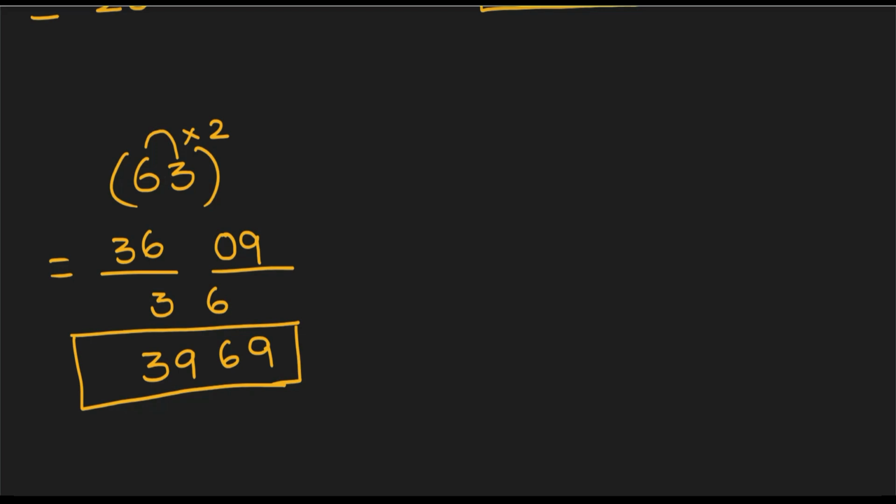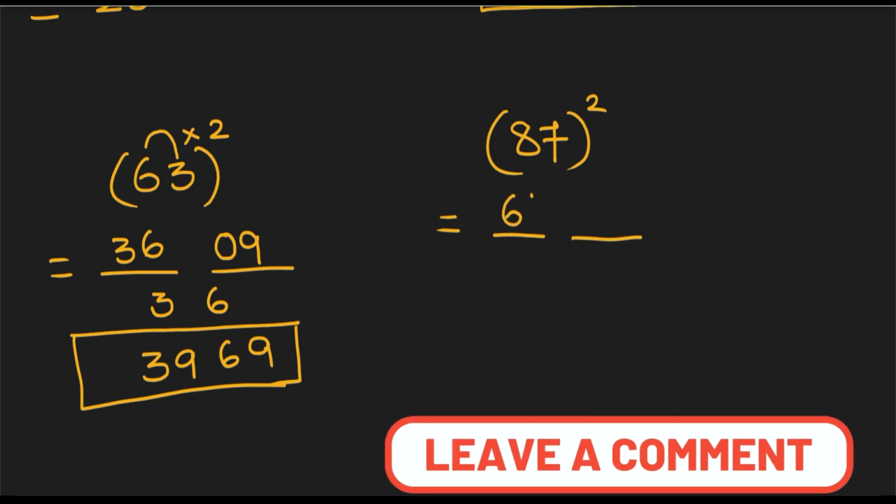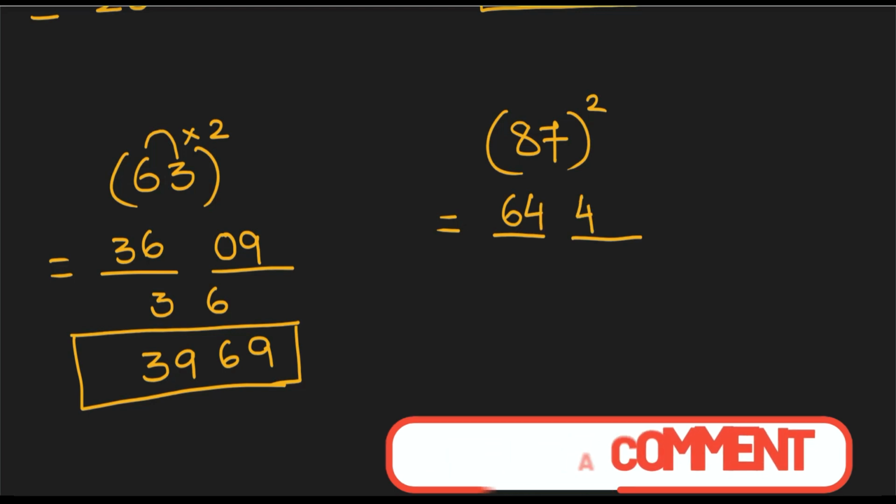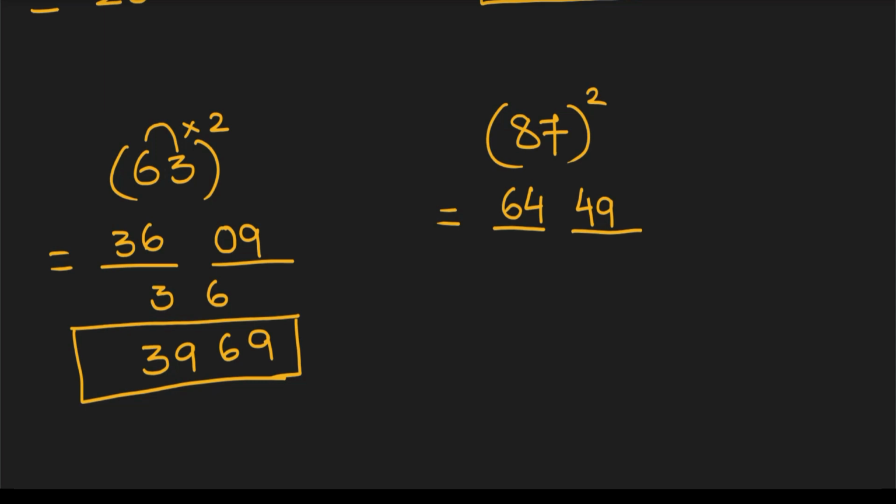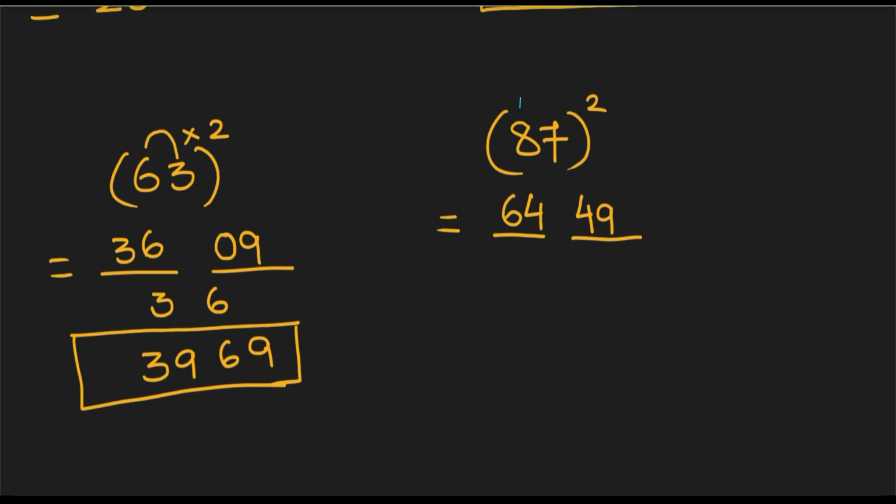Now let us apply this trick with a little bigger number, that is 87 whole square. You need to be a little careful while applying this trick for this number. So we can write 8 square, that is 64, and 7 square, that is 49. Now let us multiply 8 into 7, that is 56, 56 into 2, that is 112, and 112 is a 3-digit number.